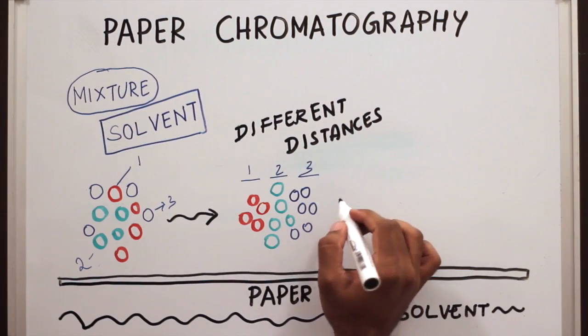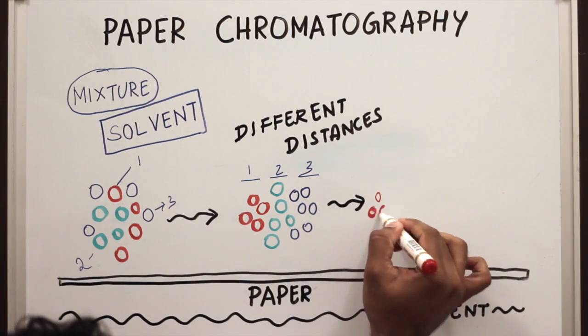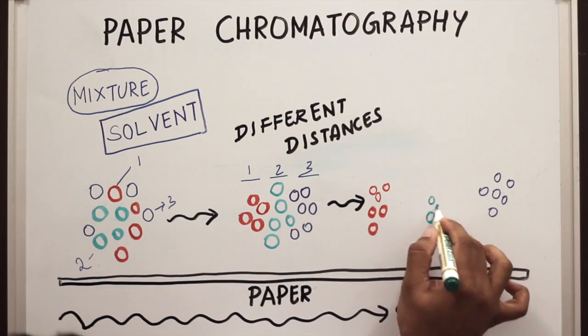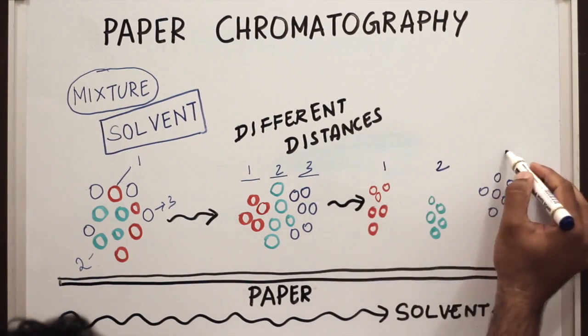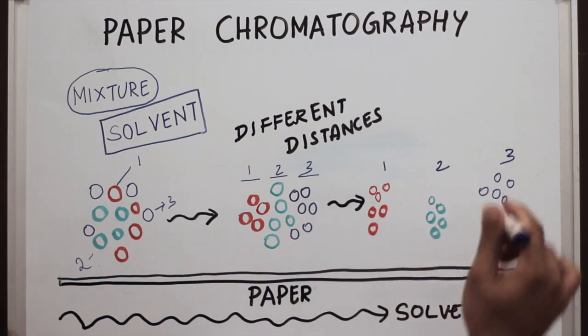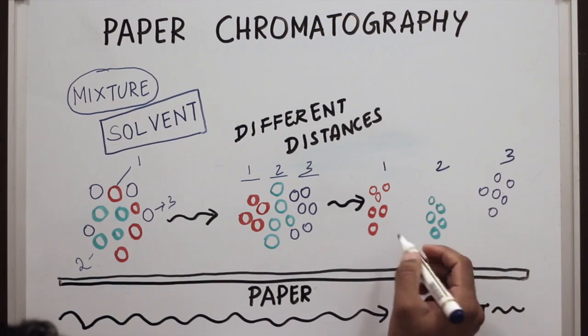So what would you see if the solvent still moves ahead? Definitely the solvent will move ahead, and you should be able to see that the components have been separated. So you see here the red ones, the first, the second, the green ones, and the third one, the blue, they have separated, and this separation you can see clearly on the paper.